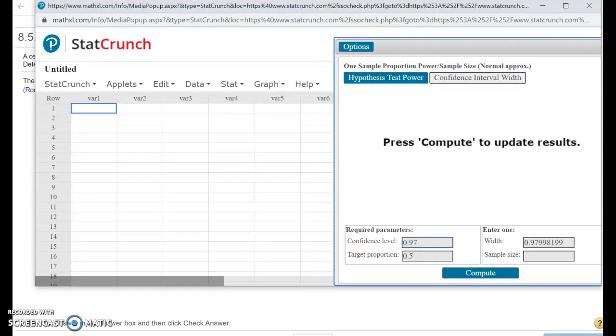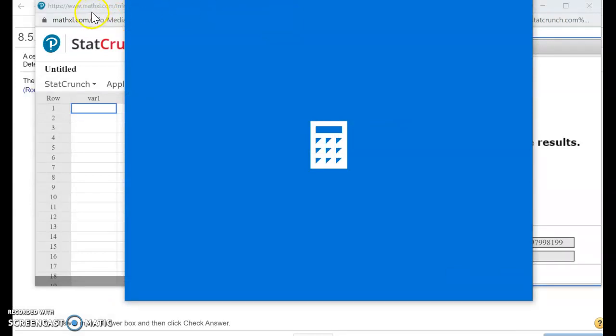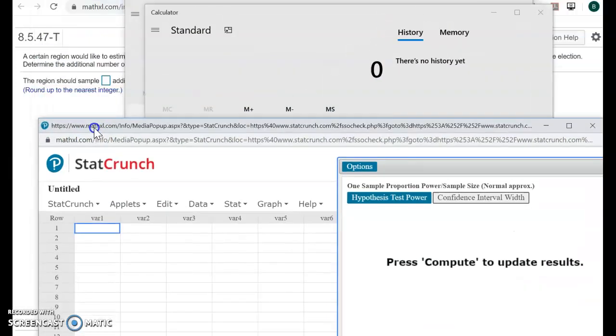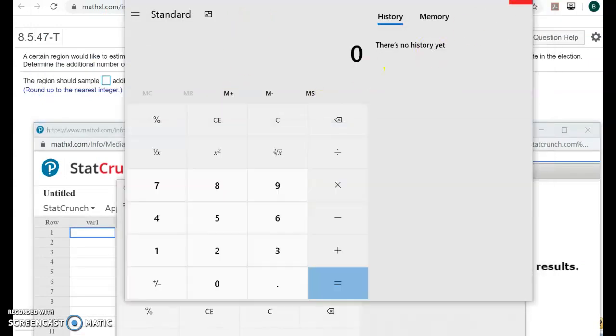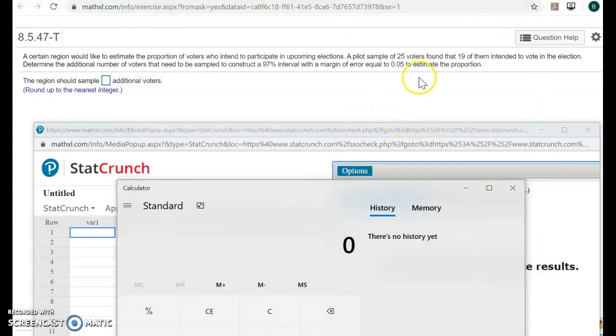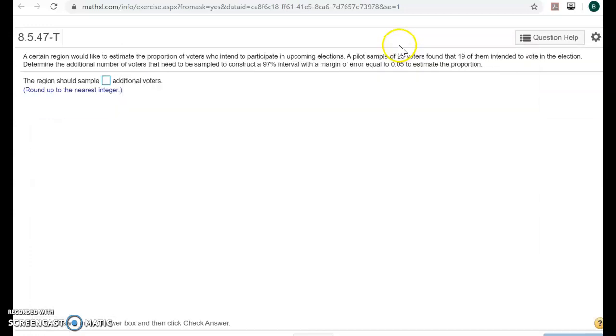And then, let's see, our proportion, I believe our proportion was 19 out of 25. So we need to get our actual proportion.